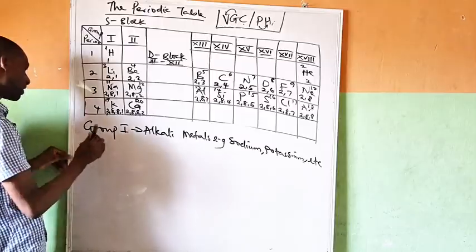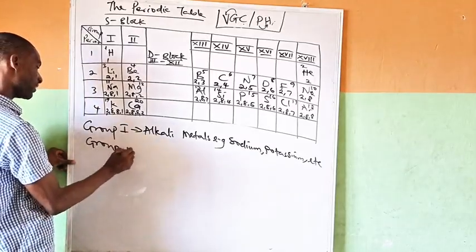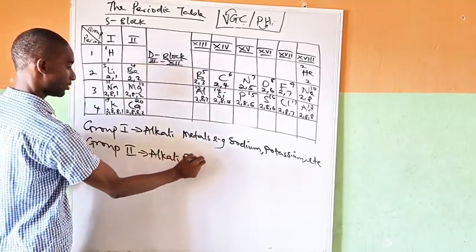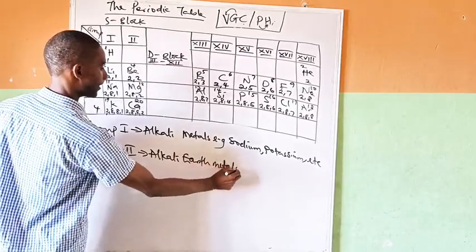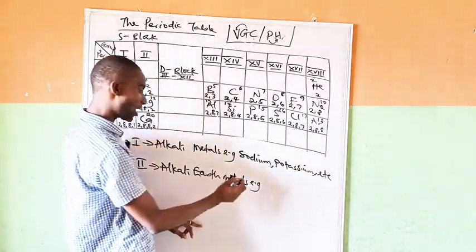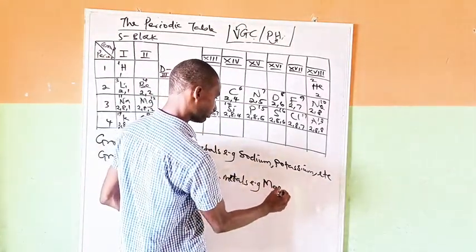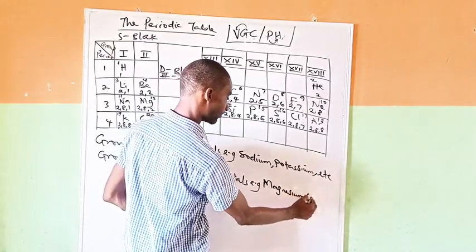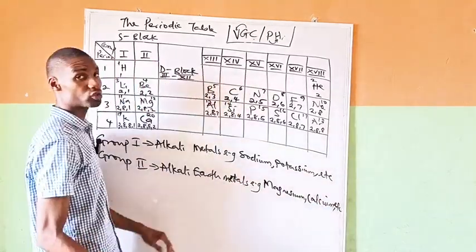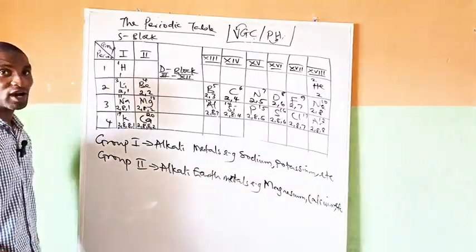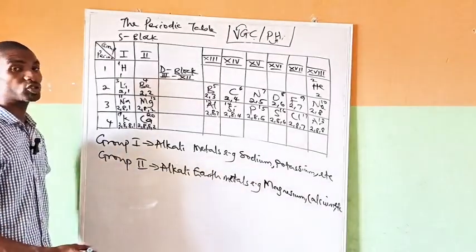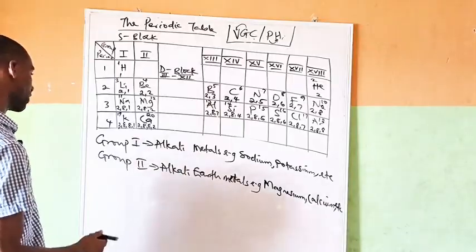Then the group 2 elements are called alkaline earth metals. Examples are magnesium, calcium, strontium, barium, radium.